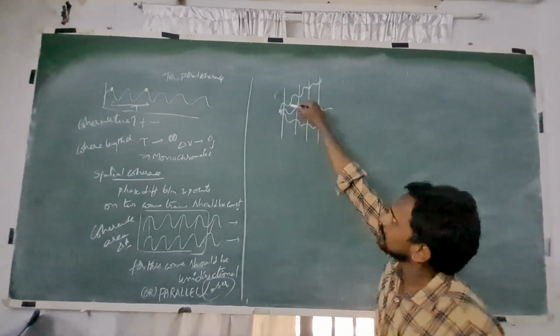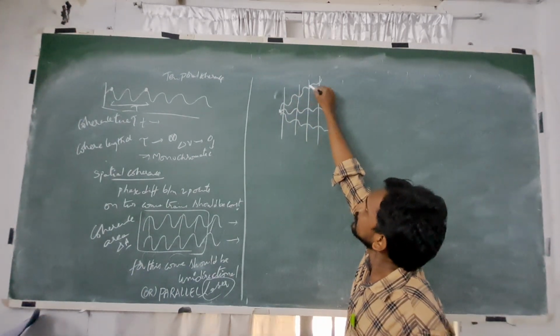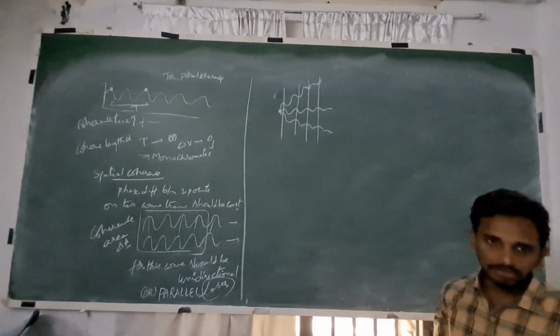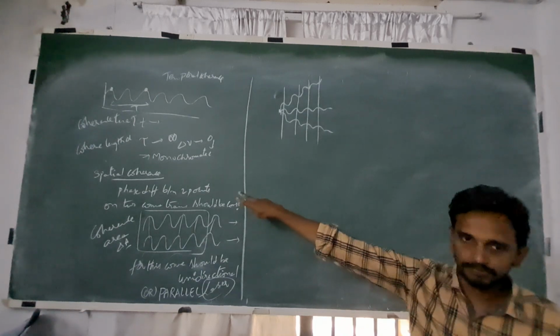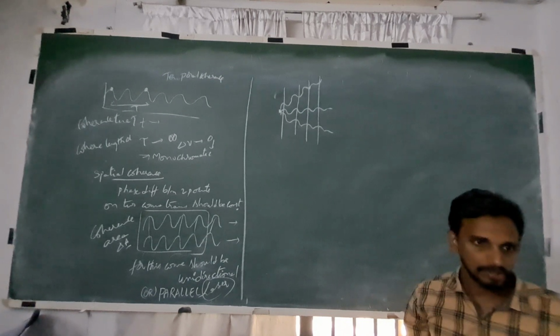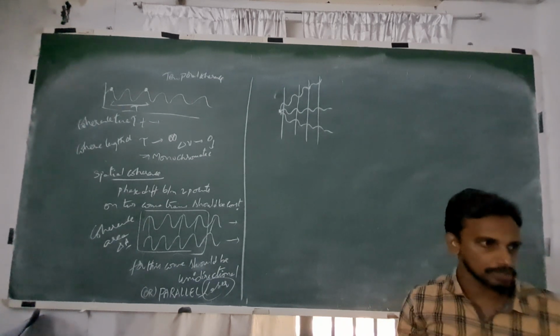Here all waves have the same phase difference. Here it has changed. Here things may change. So, for two waves to have spatial coherence, they should be parallel. Okay, so point light sources cannot generate spatially coherent light.